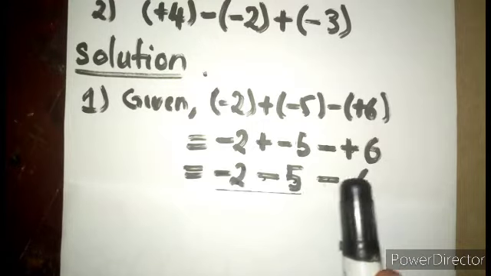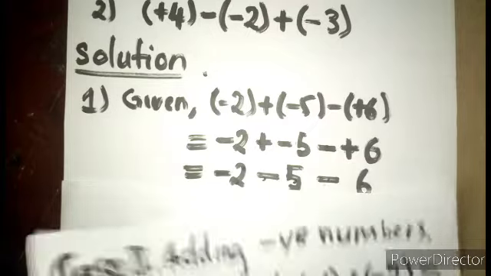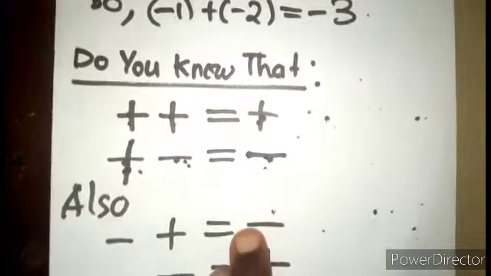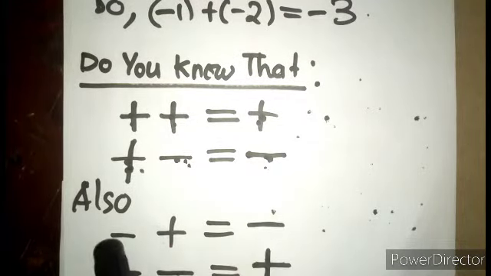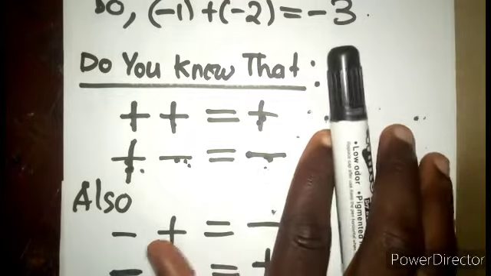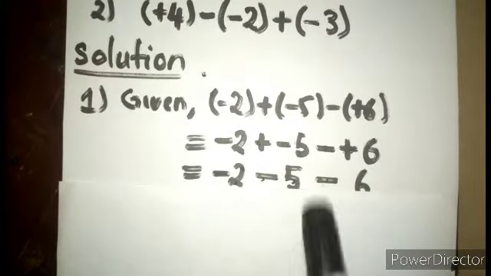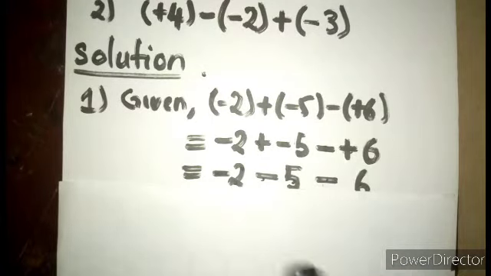Okay, and because we also know that plus minus is minus, and minus plus is minus. What does that imply? This implies that plus minus becomes minus, minus plus is minus.